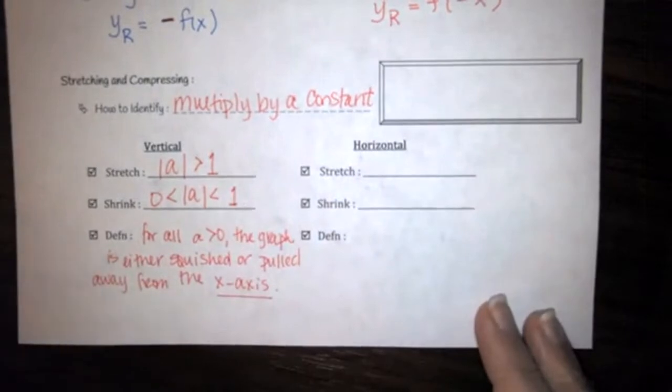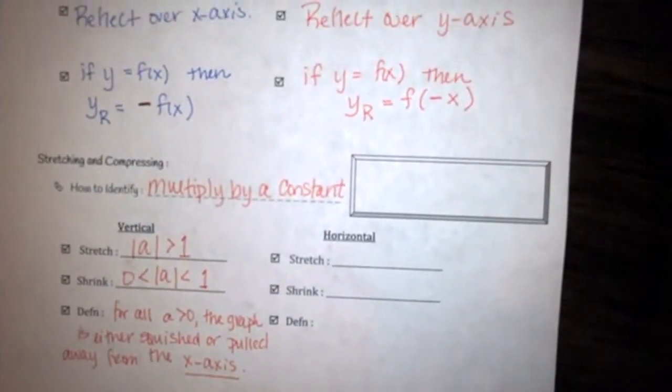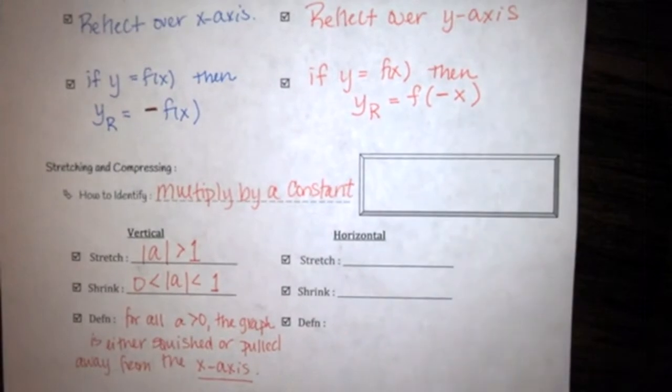So when we're talking about verticals, we're talking about squishing or pulling something away from that x-axis.